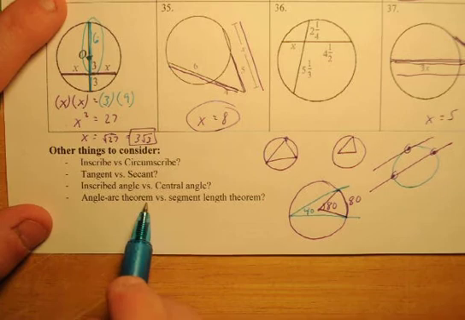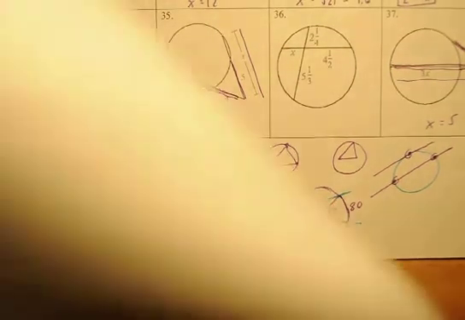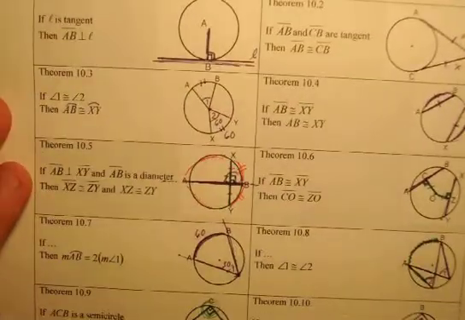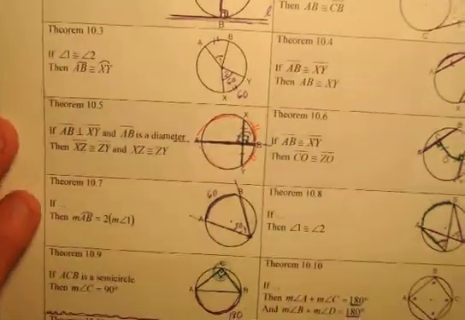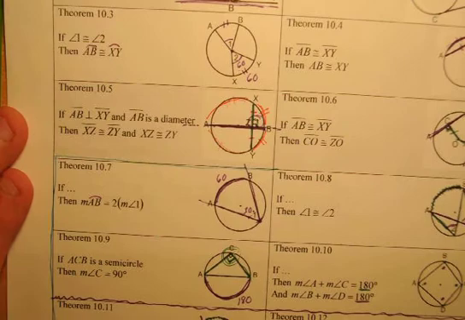Angle arc theorem versus segment length theorem. Alright, so if you look at your theorems, 7, 8, 9, 10, 11, and 12, and 13. So all of these are dealing with arcs and angles.